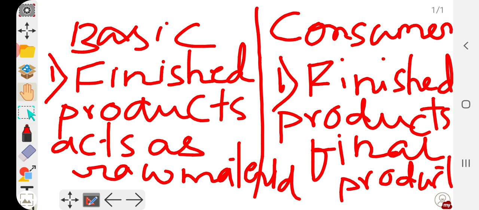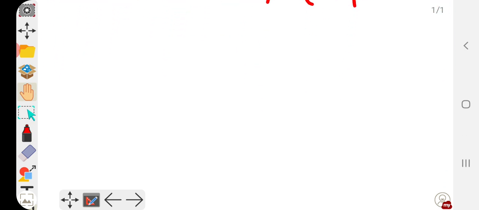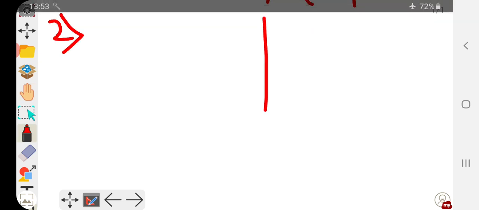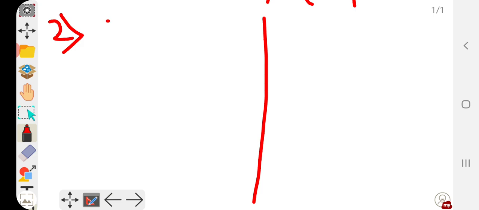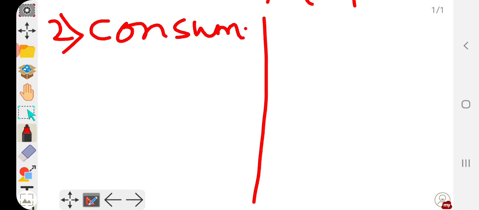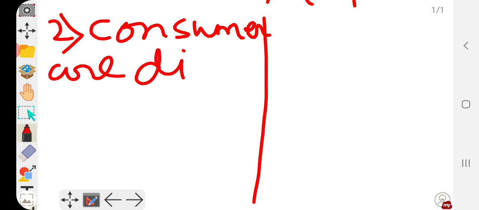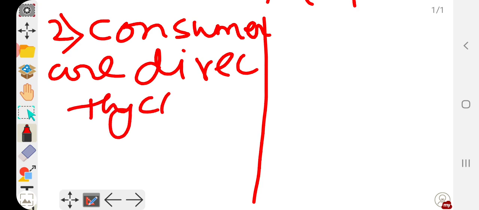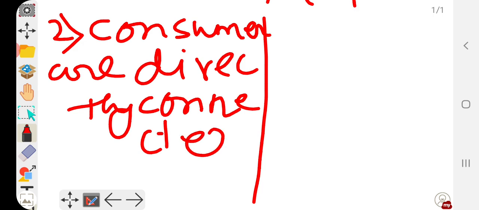Now let us move to the second point of difference. The second point is the consumers are not directly connected to these industries, but for the consumer industries, consumers are directly connected with the industries.